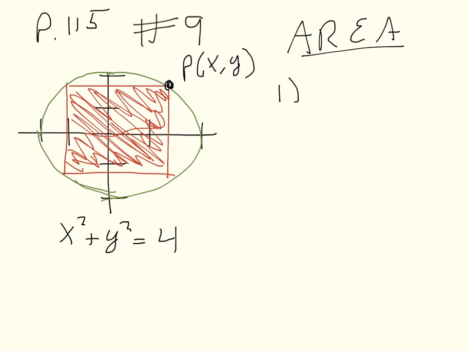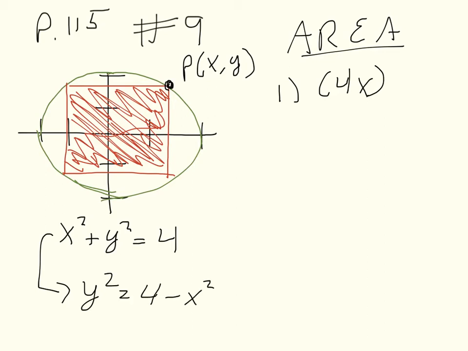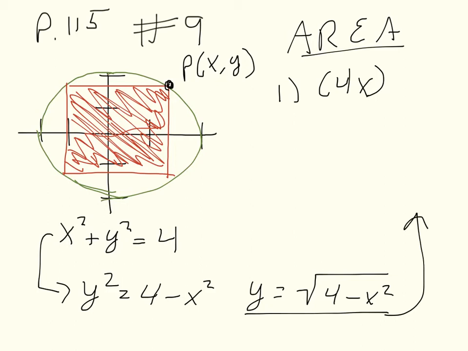So let's write that out. We have the equation is going to be 4x times y. We need to do a little work first to get y. So y squared equals 4 minus x squared. Take the square root of both sides. Y equals the root of 4 minus x squared. So you can plug that in up here.